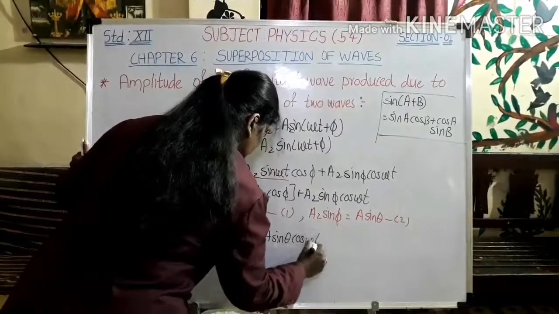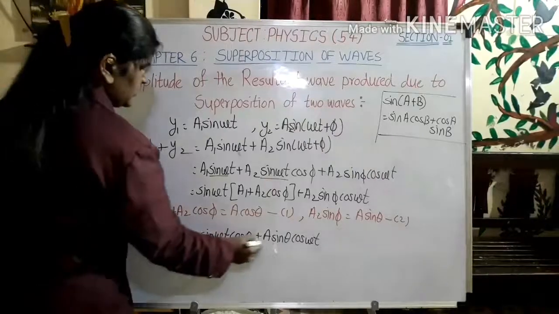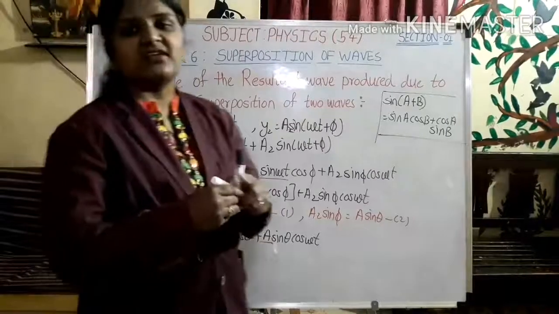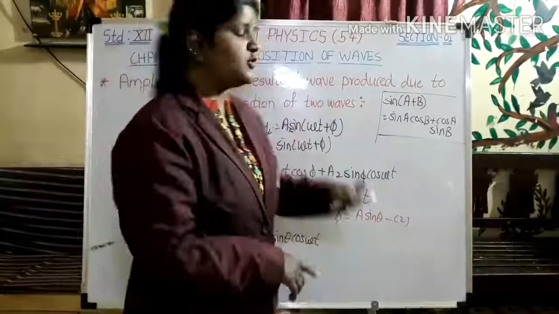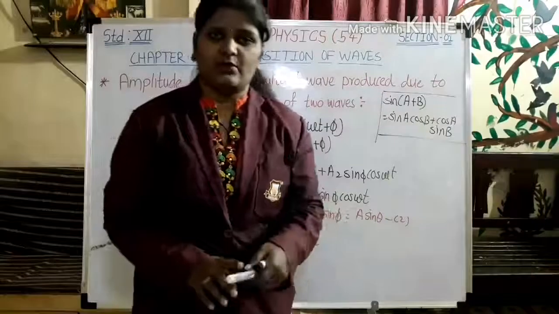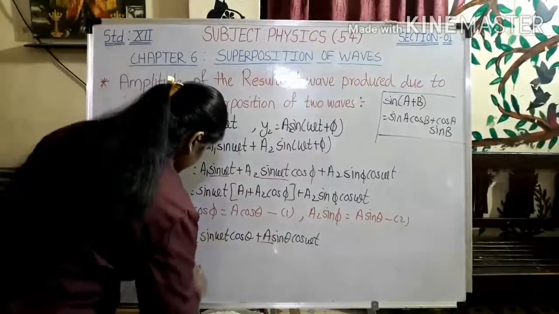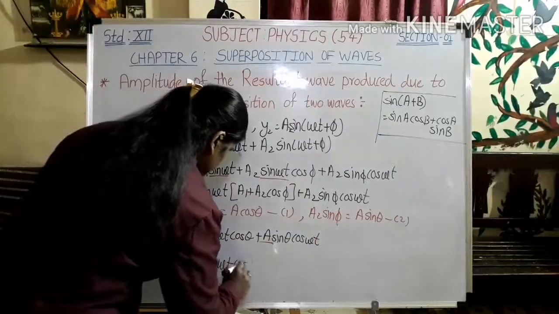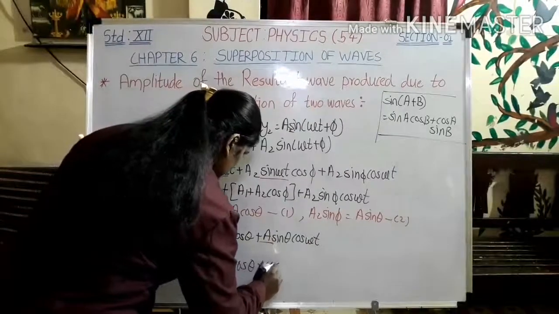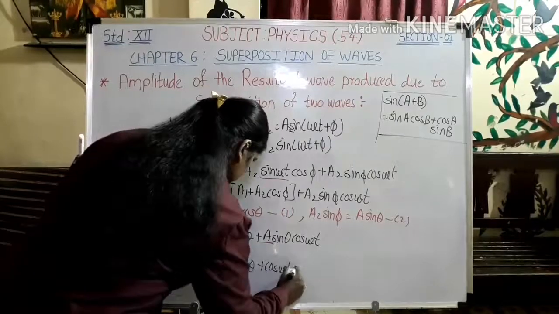Cos omega t. So now what you can observe, this a and a can be taken outside because these are common, and which is nothing but the resultant amplitude which we are going to find out. So let's take common, and we are getting sin omega t cos theta plus cos omega t sin theta.